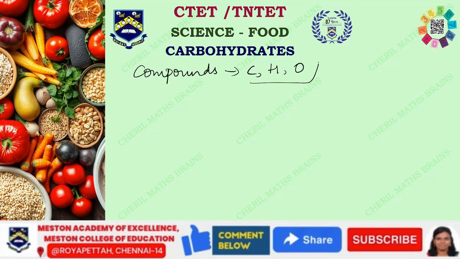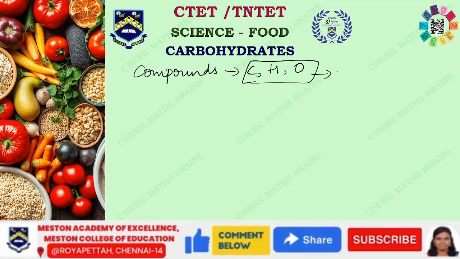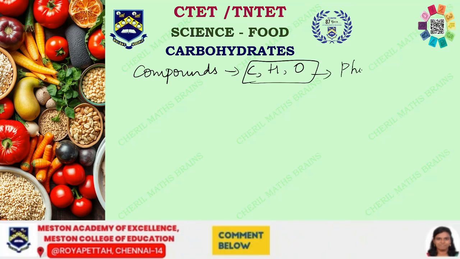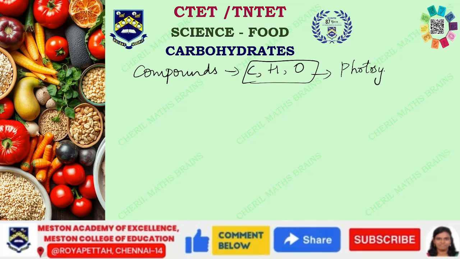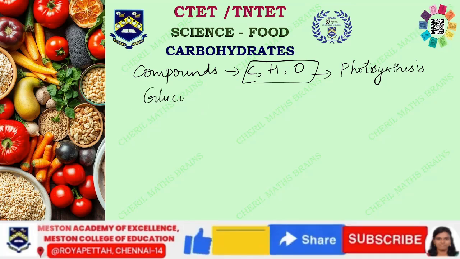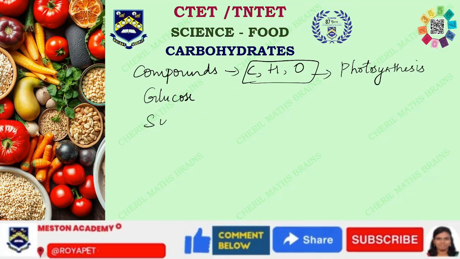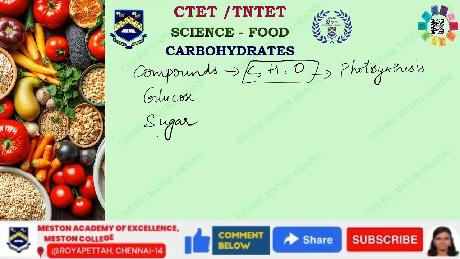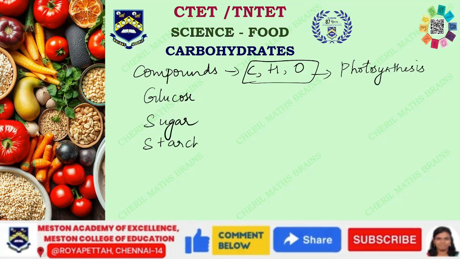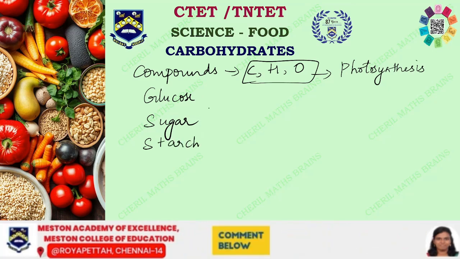Where are all these formed? These are all formed in plants during the process of photosynthesis. So common carbohydrates which we speak about in our daily life are going to be glucose, sugar and starch.